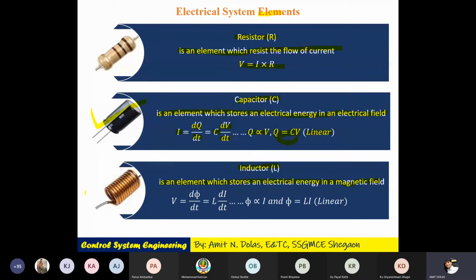Voltage is equal to rate of change of phi with respect to time, which is L into rate of change of current with respect to time. Phi is directly proportional to current I, so phi is equal to Li, a linear relationship between current and flux generated.